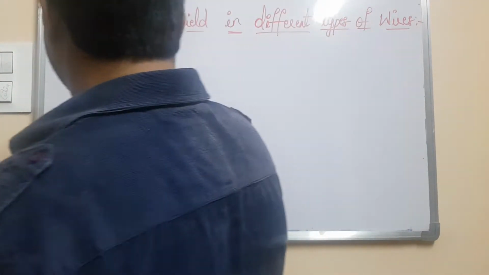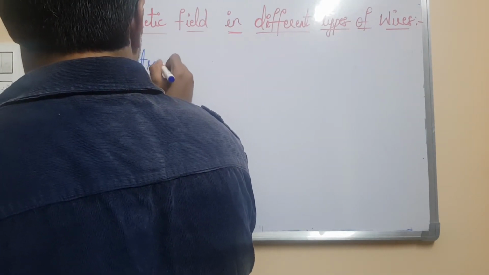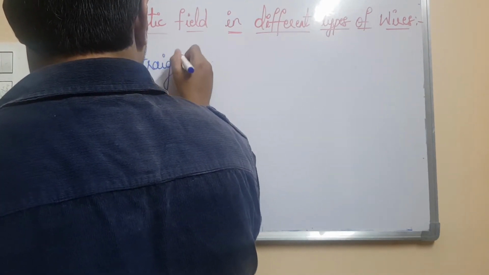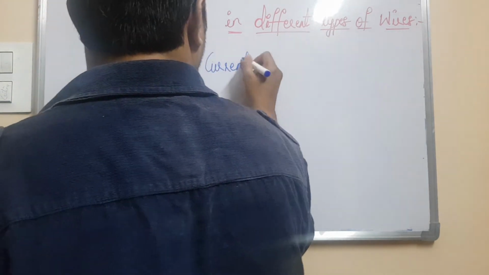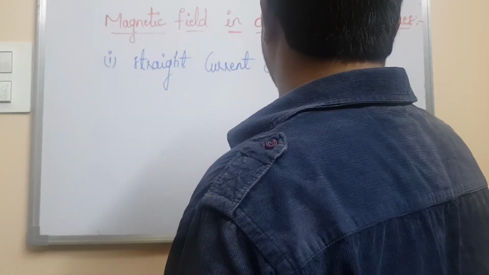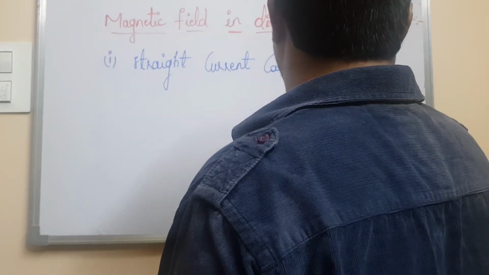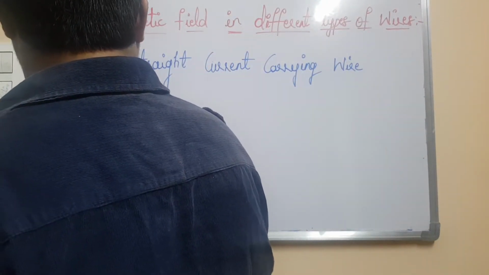First one, straight current carrying wire. And second one is circular current carrying wire.